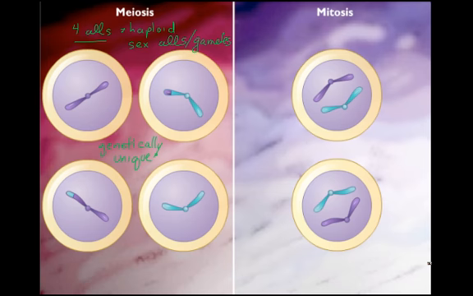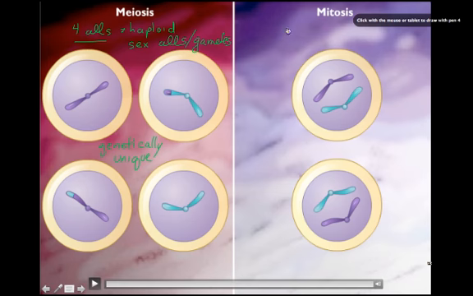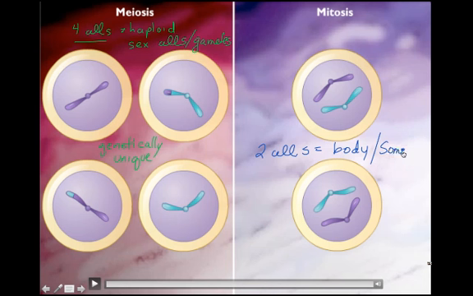Now on the flip side, if we're talking about mitosis, mitosis only makes 2 cells, but the 2 cells that it makes are all going to be body or somatic cells, and these somatic cells are all going to be genetically identical.